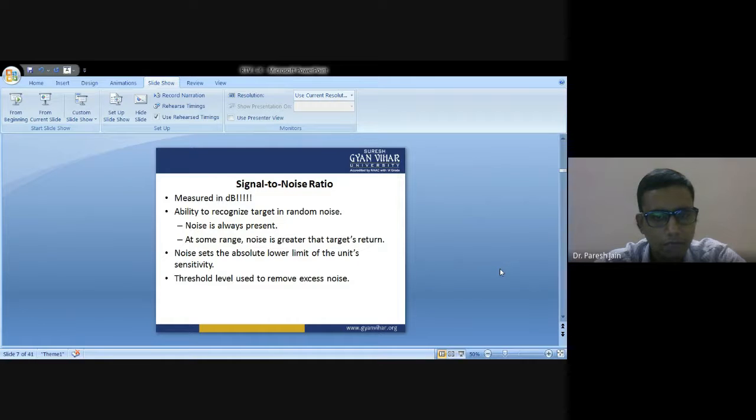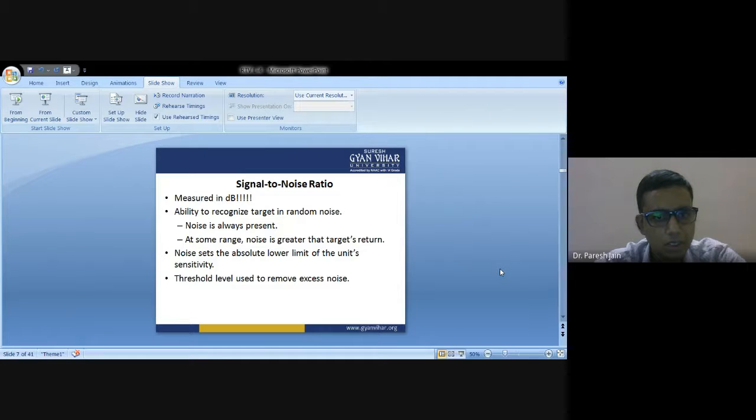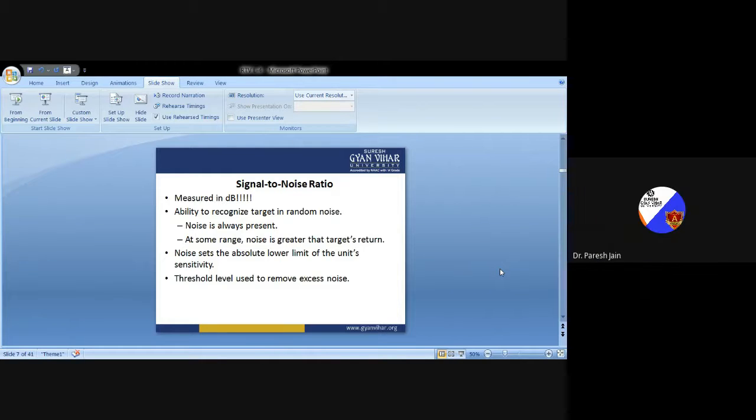Signal to noise ratio is the second factor that affects the performance of the receiver. The signal to noise ratio is always measured in decibels. It is the ability to recognize the target in the random noise. If our signal to noise ratio is good, then our target is easily located by the radar. Noise is always present in the environment and in the system also. At some range, noise is greater than the target's return.